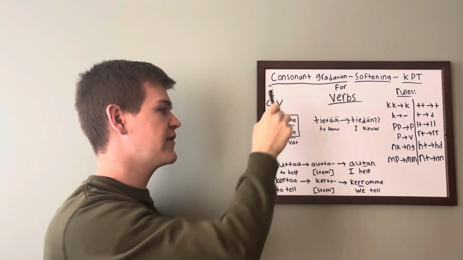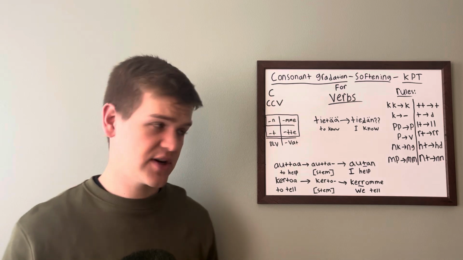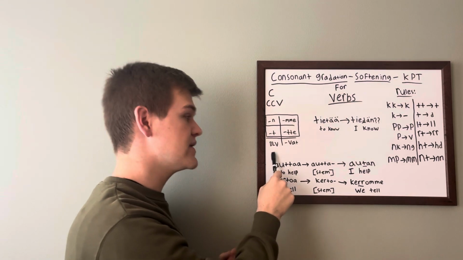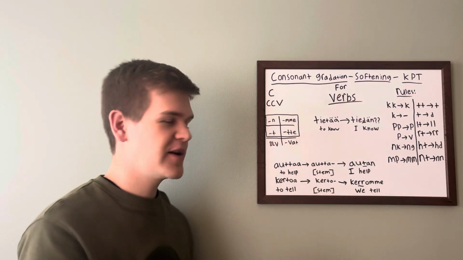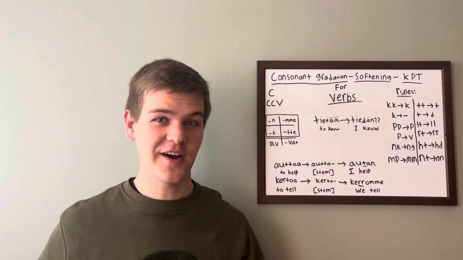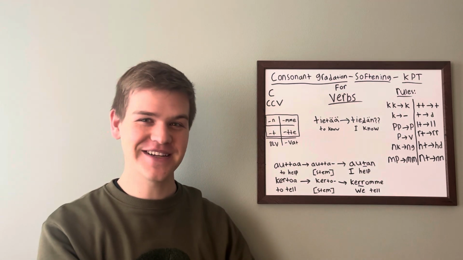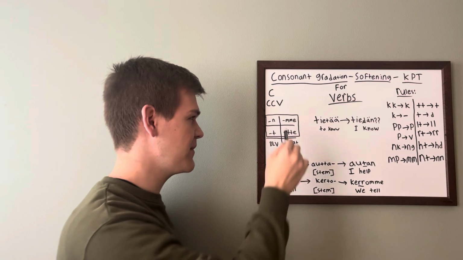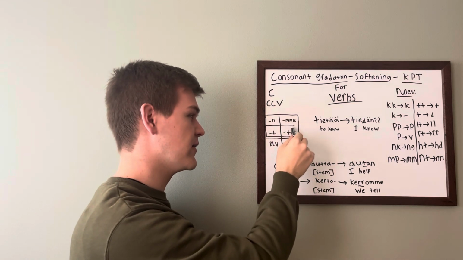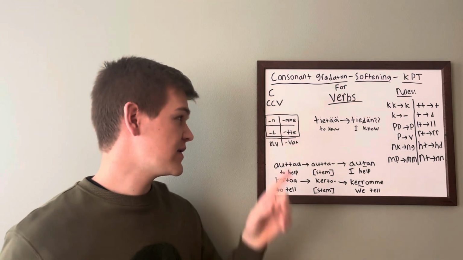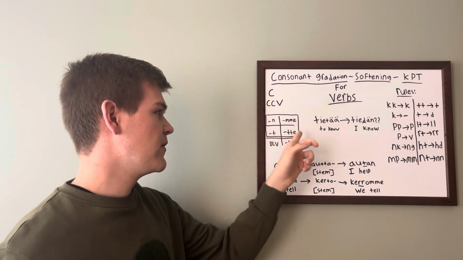So right off the bat, anytime you're trying to say that he or she does something or they do something, we don't need to worry about softening at all. So you can just forget what we're going to talk about today. But it's also quite common that we're saying I do, you do, we do, or you all do. And if we're using one of these in this box here, we need to soften.